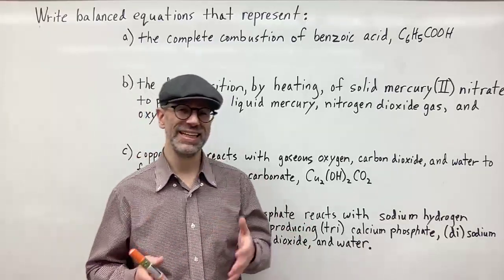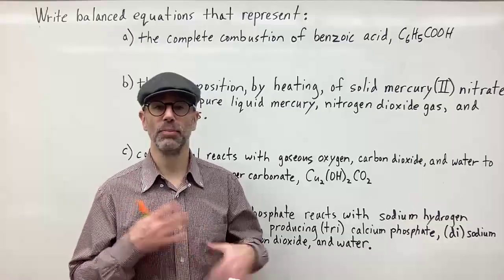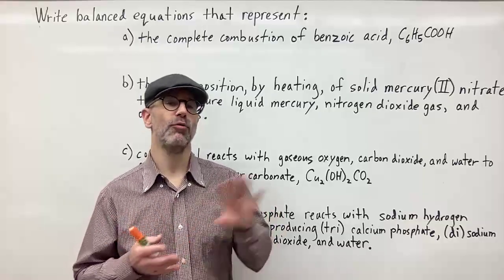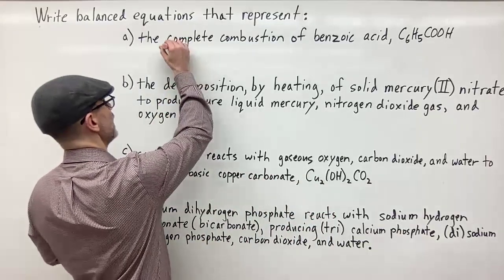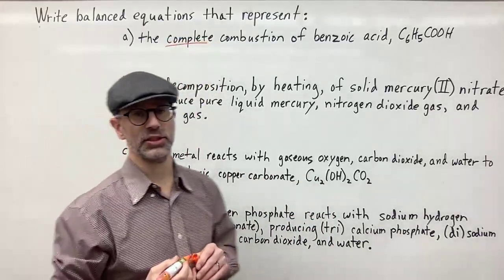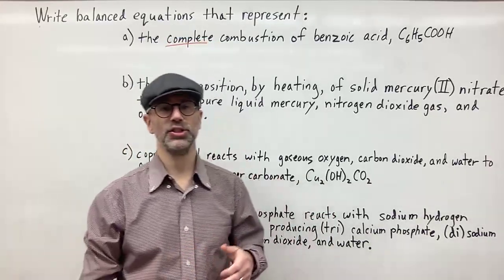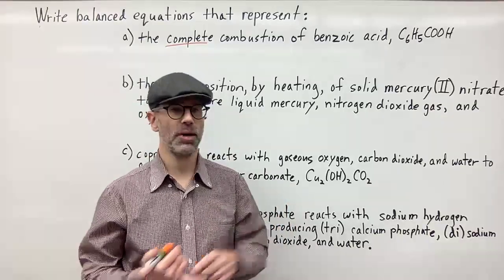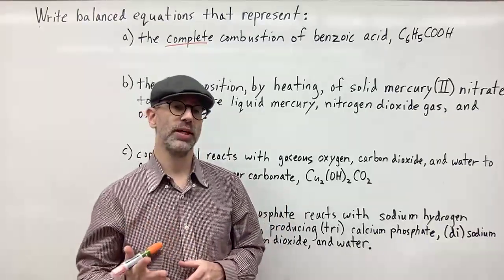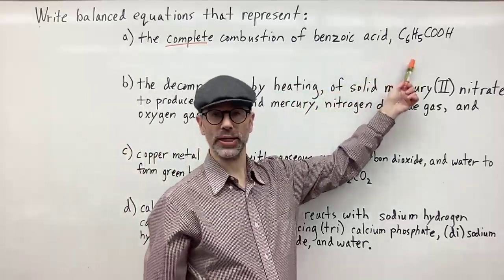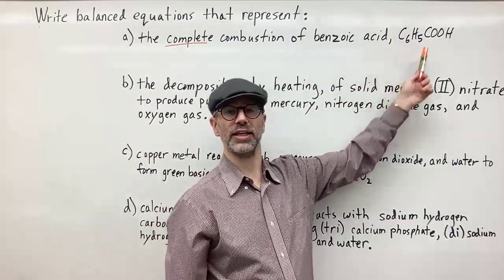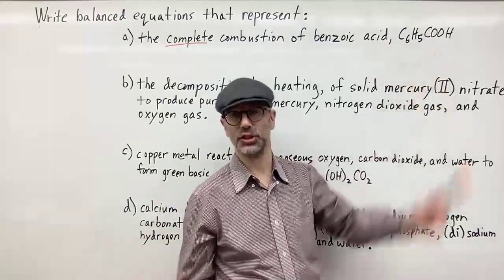If it was incomplete combustion, then you get other byproducts, and we want to avoid those. So it's really important that they indicated that it's complete combustion. If it's complete combustion, the only products are carbon dioxide and water, assuming that you've got a reactant that only has carbon, hydrogen, and or oxygen in it.